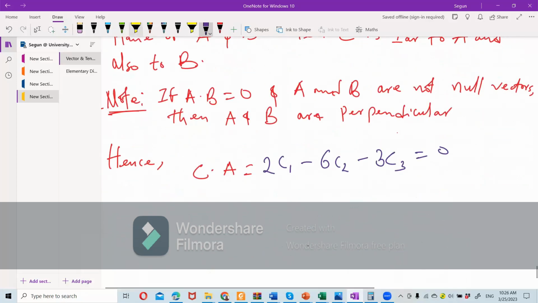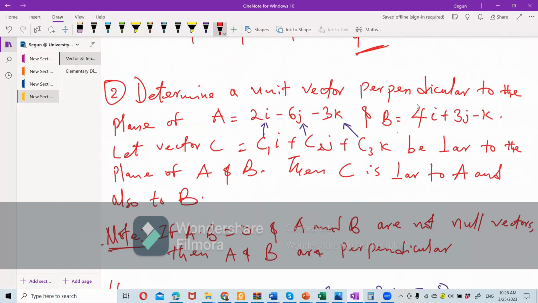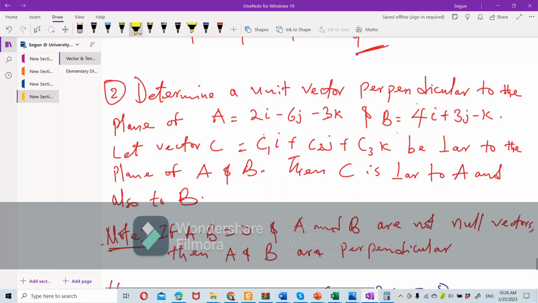So if I do the same thing, C dot B, I will use the same C to multiply B. C1, we multiply this.